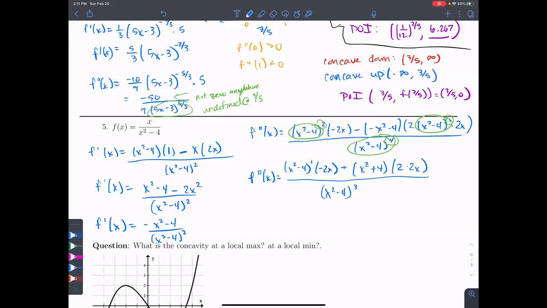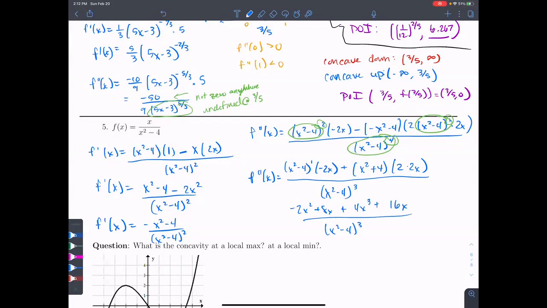Okay, so on top, we have negative 2x squared plus 8x plus x squared. No, that's 4x times x squared, so 4x cubed plus 4 times 4 is 16x. X squared minus 4 times the cubed.